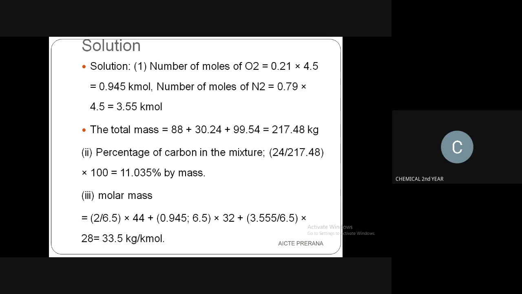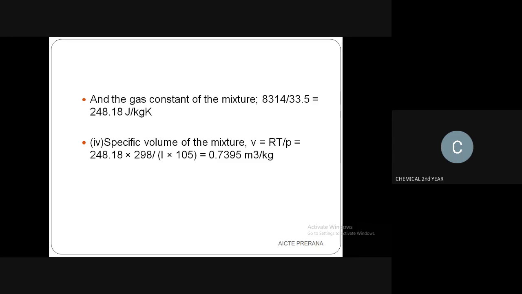So you have to simplify this and find the molar mass as 33.5 kg per kilomole.